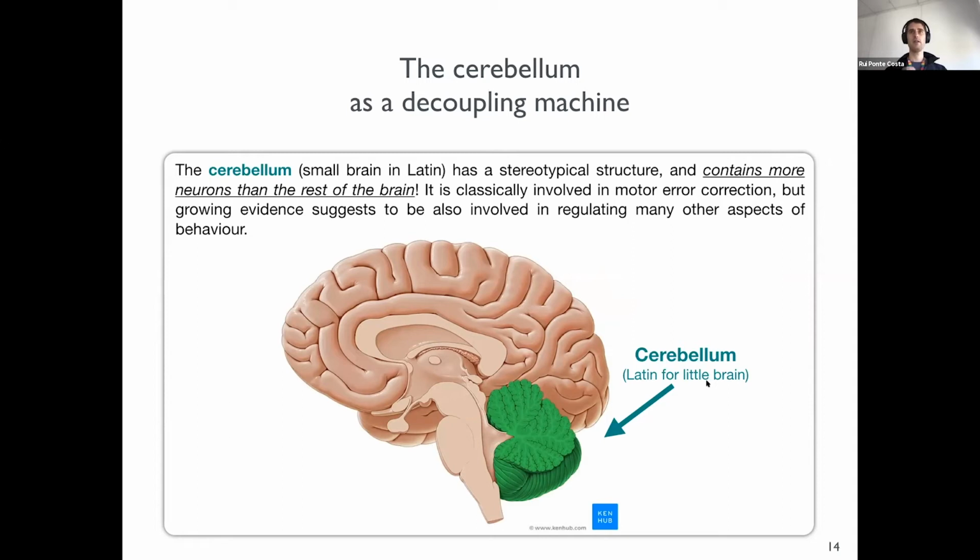These are neurons that are very densely packed into this structure. It's typically involved in motor correction, but more recently there's growing evidence that it's involved in other domains, not just the motor domain, but more cognitive domains. So it seems to be doing some function that's general across the brain.